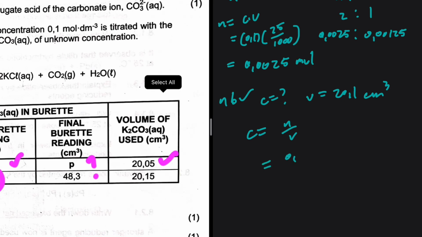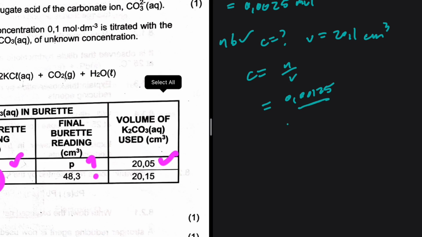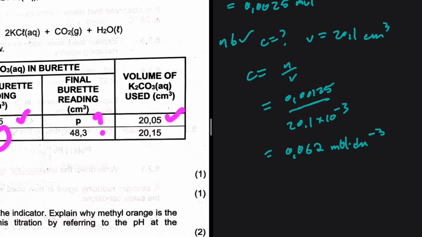Number of moles is 0.00125, and the volume is 20.1 divided by 1000. So I can just multiply with 10 to the minus 3. So 0.00125 divided by 20.1 times 10 to the minus 3. I'm getting 0.062 moles per decimeter cube. This is the concentration of K2CO3 that I end up with.